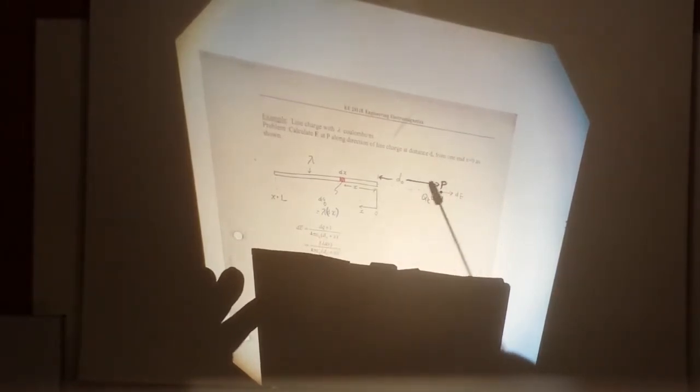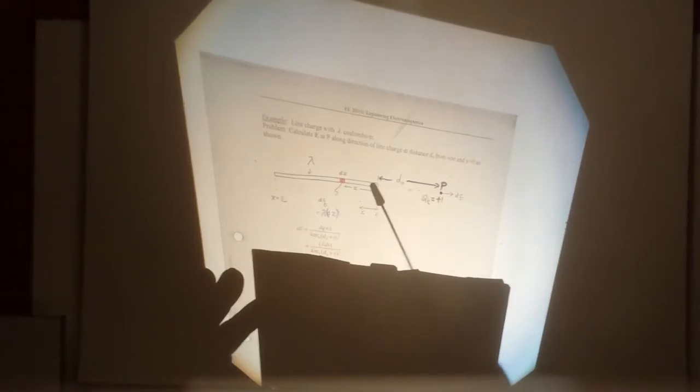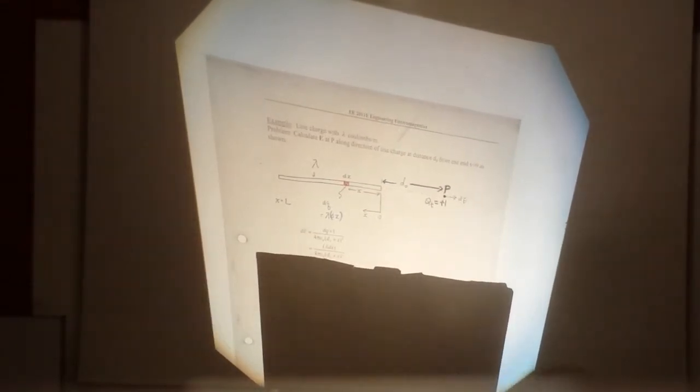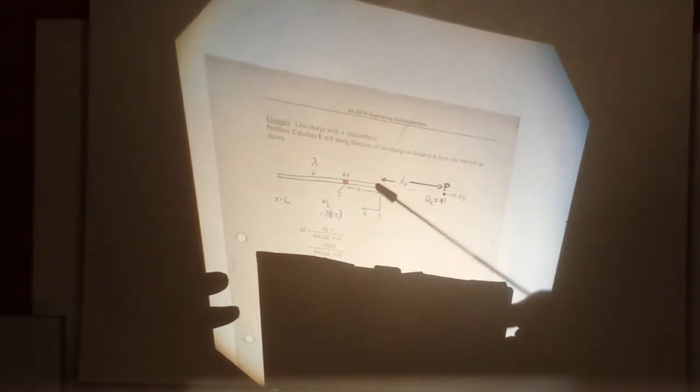I want to find the total field at the point P. Since all the elements are pointing in the same direction, I can simply add them together. All the vectors point in the same direction, so add them together. Integrate from x equal to 0 to x equal to L.